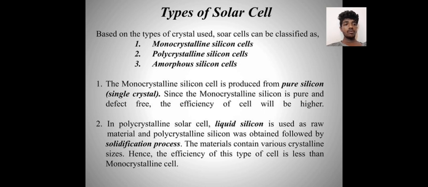Since pure silicon is defect free, the efficiency of the cell is higher. Polycrystalline silicon is obtained by a solidification process. The material contains various crystal sizes, hence the efficiency of this type of cell is less than monocrystalline cells.